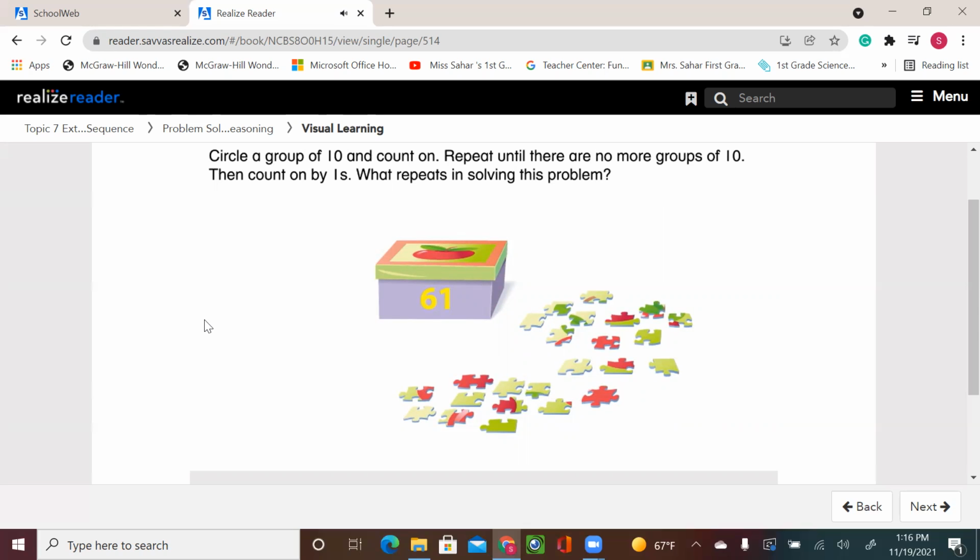What repeats in solving this problem? Circling and counting groups of 10 repeats. How many groups of 10 puzzle pieces are on the floor? So we need to group them in tens, and we'll see how many tens we have.